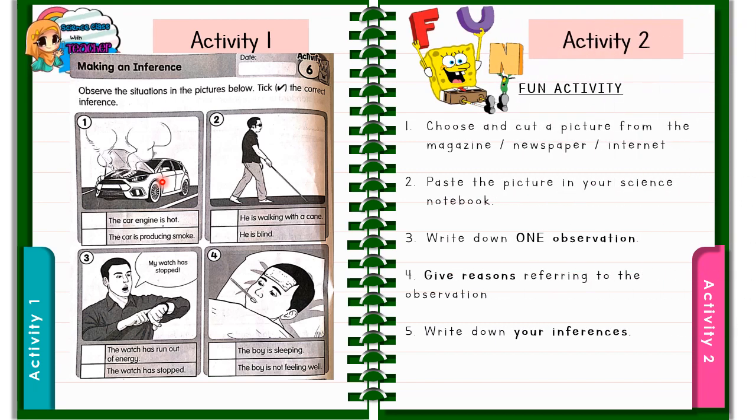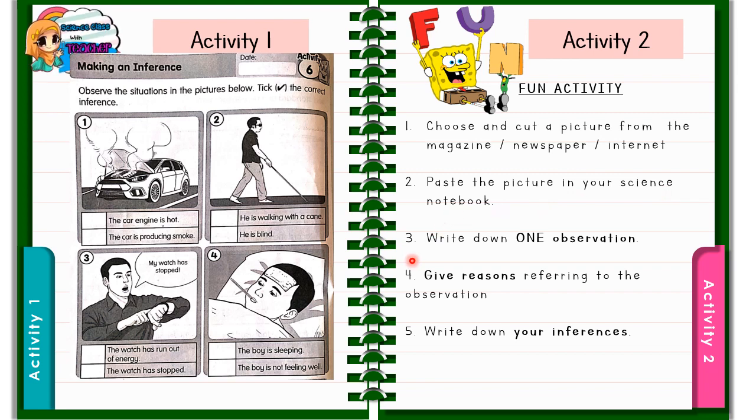For activity number 2, I want you to do it in your science notebook. Write down all of this instruction in your science notebook. Let's go through this together. Number 1, choose and cut a picture from the magazine, newspaper, or internet. You choose a picture and cut it, and the next thing you have to do is to paste the picture in your science notebook.